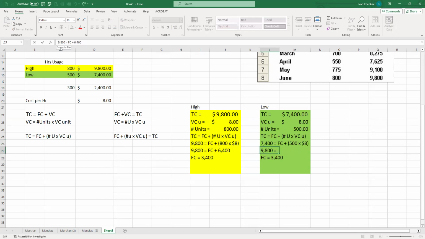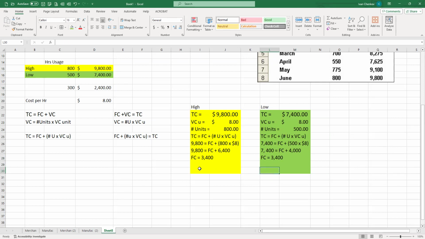So the 7,400 should be equal to fixed cost plus what I'm getting here, 4,000. You're getting 4,000 here? 5 times 8 is 40, two more zeros, 4,000, correct? So the fixed cost is also 3,400.